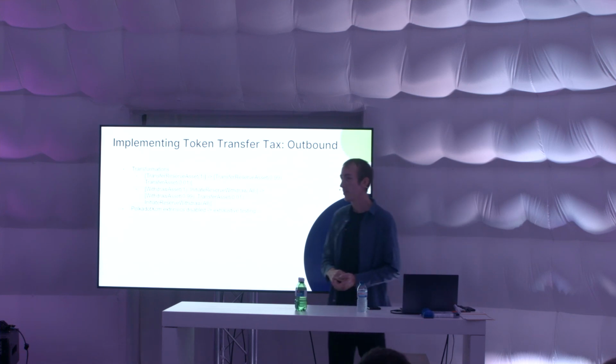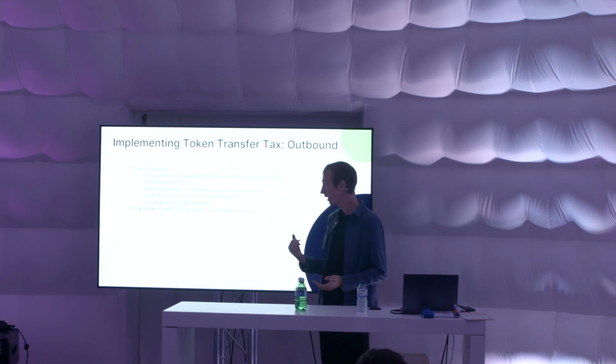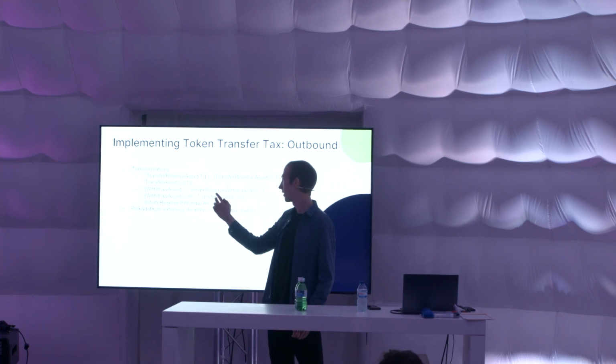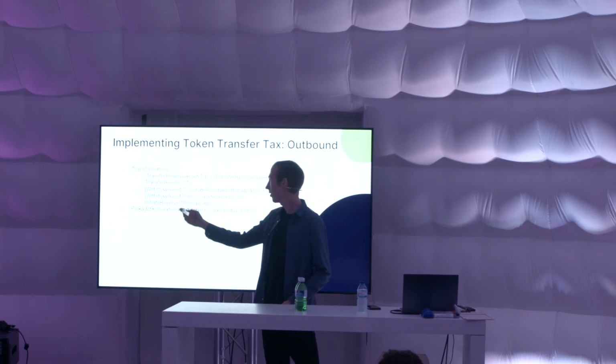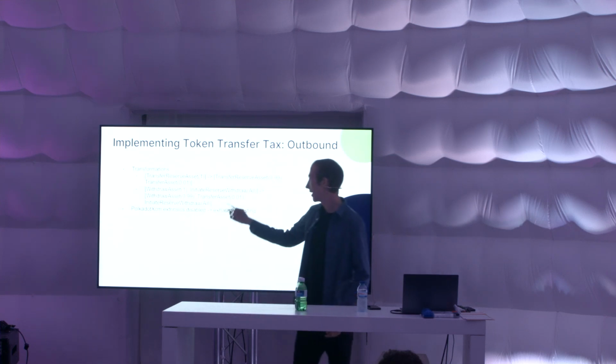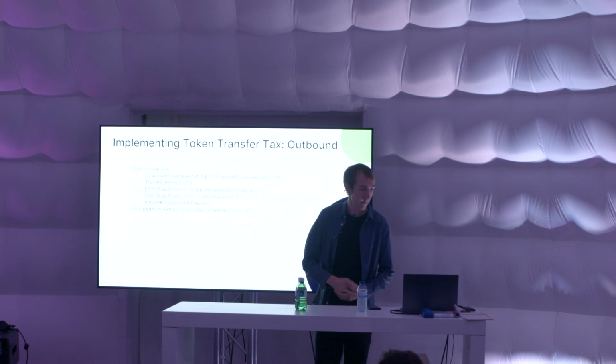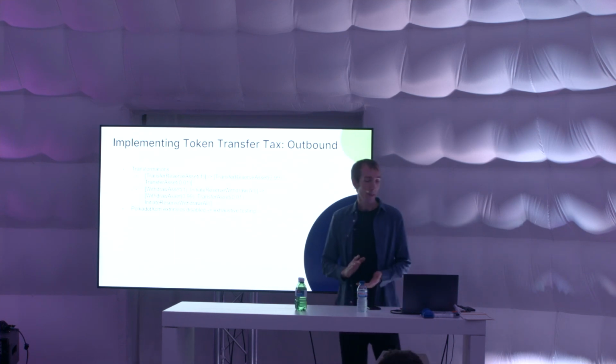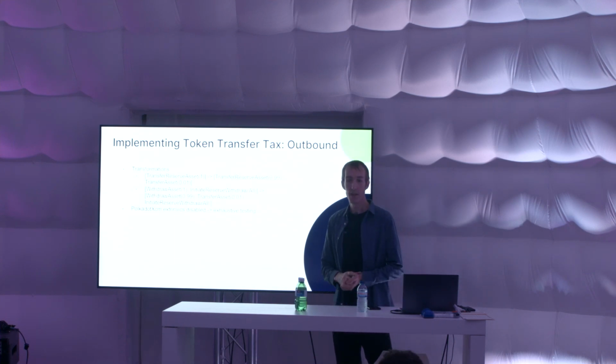The other case, when you are sending tokens that are not native to the chain, it would look like the withdraw asset and an initiate reserve withdraw. And the idea would be the same. You modify the withdraw, reduce the amount, add the transfer asset to treasury or to DAO, and execute as normal. And of course, we could just modify our pallet that we use for sending tokens in the first place.